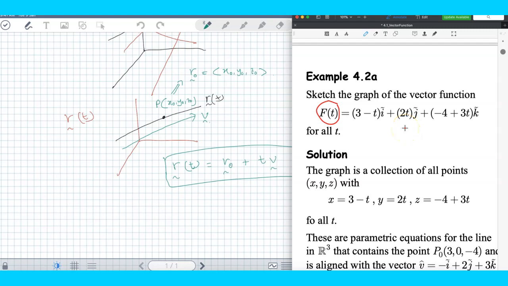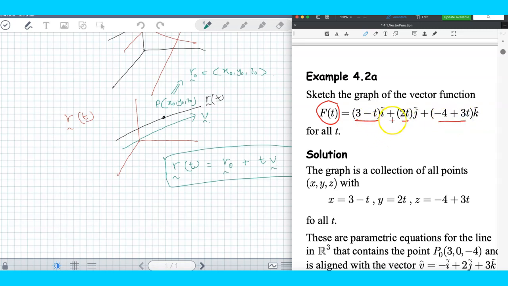In order to sketch the graph, we should provide the point and also the vector parallel to the line. So we have to find these two pieces of information from the vector function given.